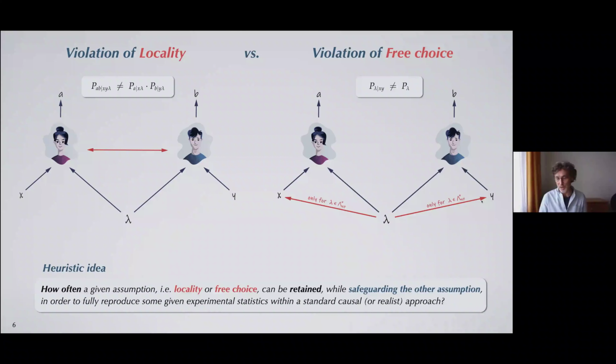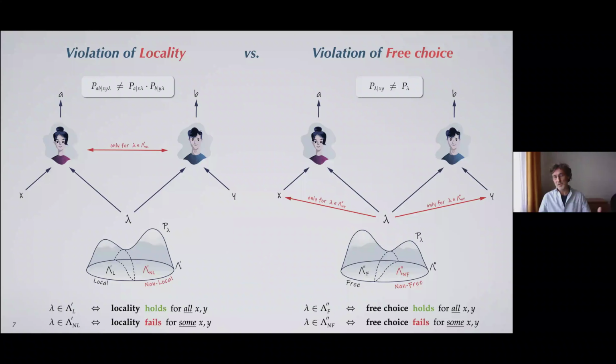So here's the heuristic idea, how to put it in mathematical terms. Suppose that I have a hidden variable model which violates locality here on the left. This one violates freedom of choice on the right. Then I can split the underlying hidden variable space lambda into two subsets.